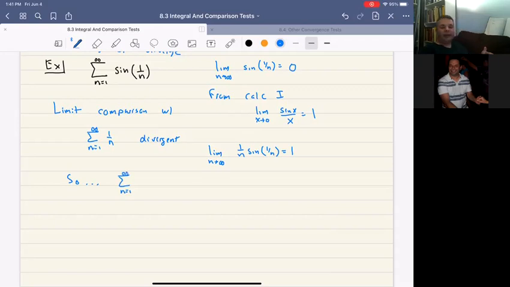So the sum n goes from 1 to infinity, sine 1 over n is divergent.